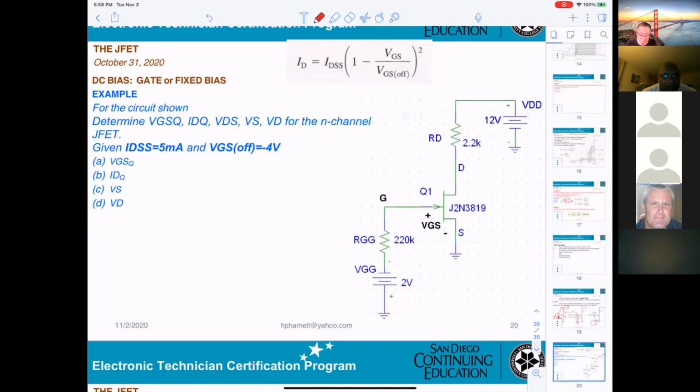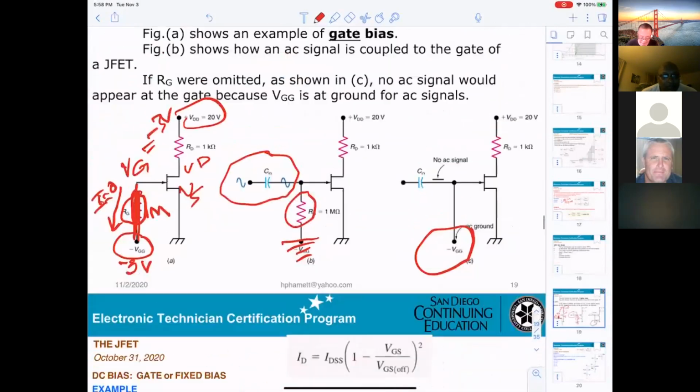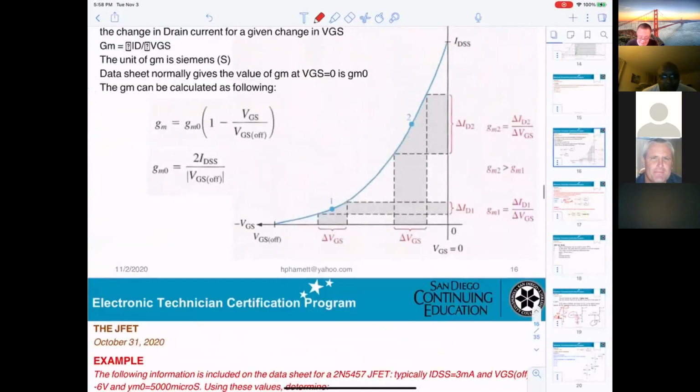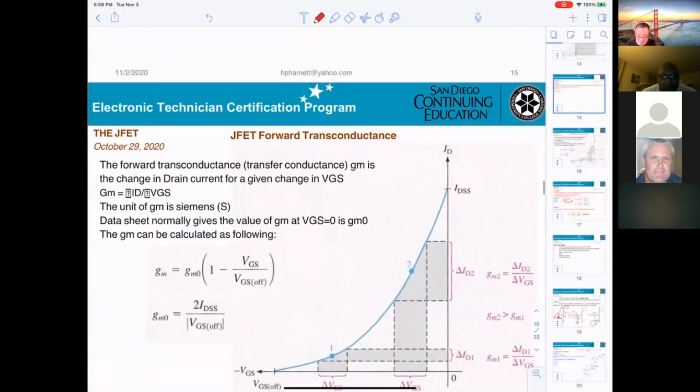I can go back quickly and explain again to make sure everyone understands. Any point on the curve, you get the IDSS here, and IDSS equal 0 here. Any point on the curve will be a Q point.